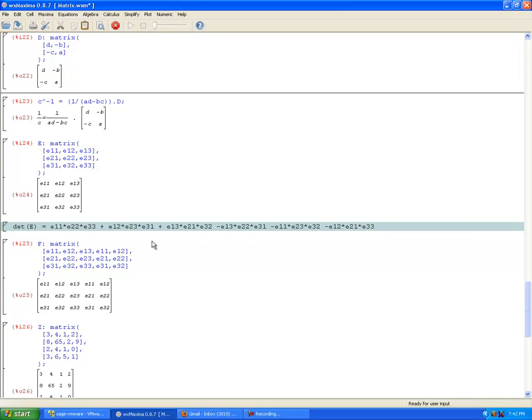So if I were to do the determinant of E here, I would have this kind of calculation going on here. And you're probably wondering, well, wait a minute, where did that come from? How did that happen? Well, it's not too bad. I did an expanded matrix form here in F so that you could see the actual calculations.